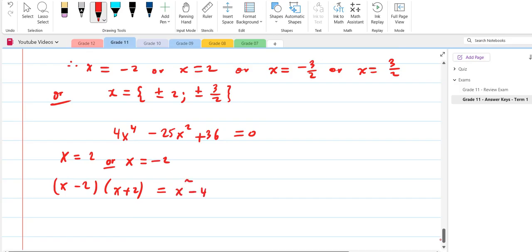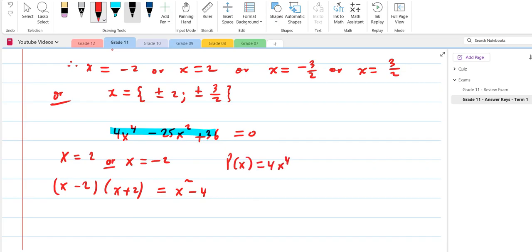I'm calling this the polynomial p of x, which is 4x to the power 4 minus 25x squared plus 36. Now I'm taking 4x to the power 4 minus 25x squared plus 36 and dividing it by x squared minus 4 because I've already found 2 zeros. So I will apply long division.